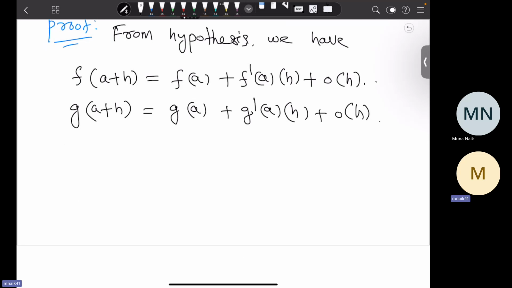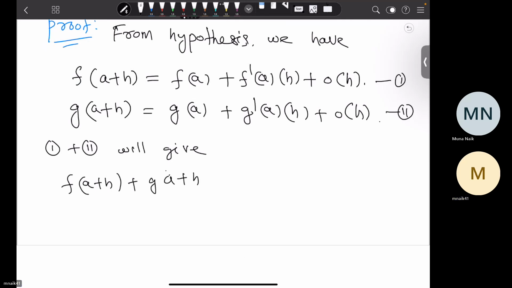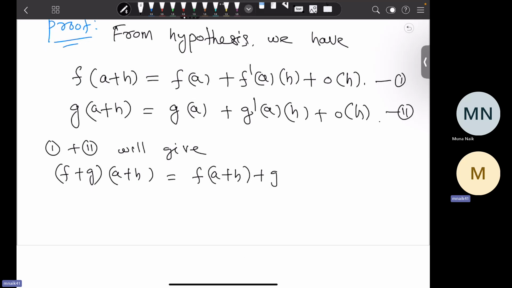Now if I add (1) and (2), then (f plus g)(a plus h) is nothing but f of a plus h plus g of a plus h. What is f of a plus h?